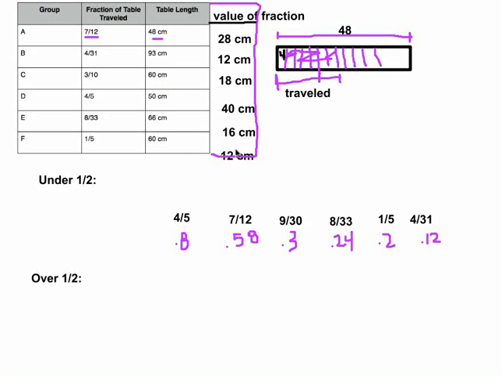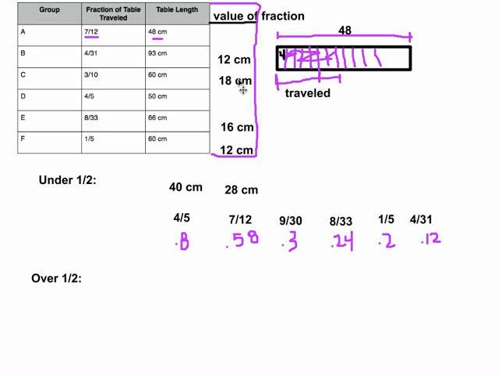So now if you're going to organize these from greatest to least, let's see if the order is the same. We would have 40 centimeters is the most, so in this case that's still 4/5. Next we would have 28 centimeters, so that's still 7/12. We have 9.